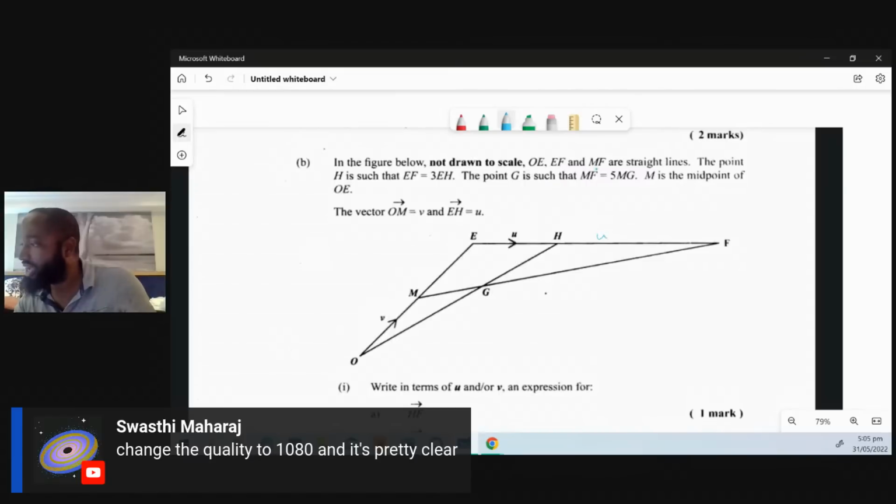So you have another U there and you have another U there, right? The point G is such that MF is 5 times MG. So it comes like they split into 6. 1, 2, 3, 4, 5, 6. Careful with how they write these things. People think, okay, this is 5 times. No. M to F.